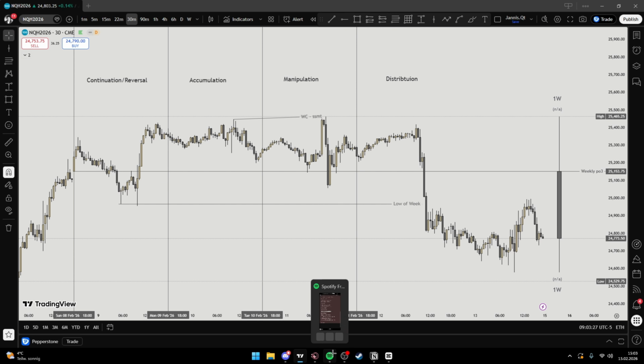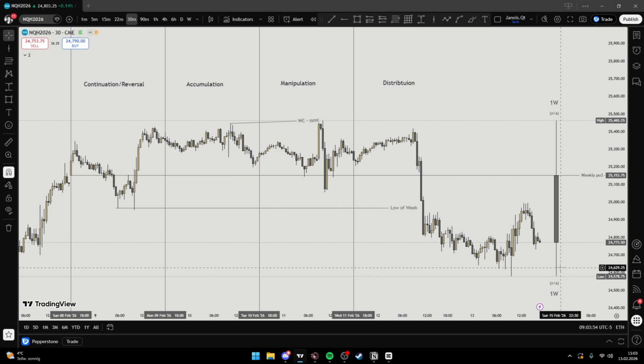And this week was a bearish week due to us still being bearish on the higher time frame, because we need to put in the manipulation for the year, and I think that's what we're doing right now. But you know how open high low closes are. We opened here, we put in a manipulation high, we distributed lower, and we had a small reversal. And that is the weekly PO3 candle.